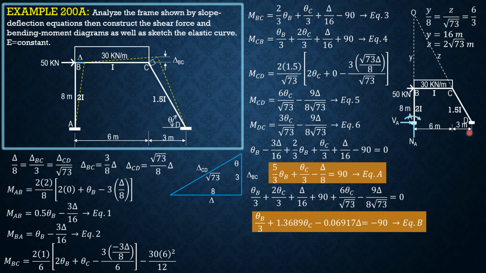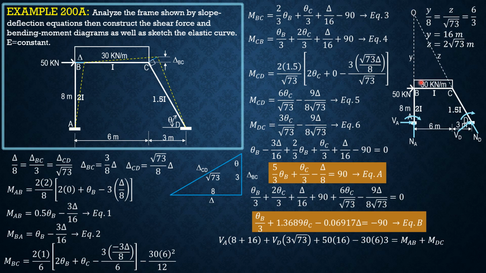Let's assume moments to be clockwise. Here also, normal to D, shear D, then moment DC. So summation moment O equals 0. Then we have V sub A times 8 plus 16 plus V sub D times 3 square root of 73 as mentioned earlier, then plus 50 times Y, 50 times 16, minus moment of this load, 30 times 6 times 3.